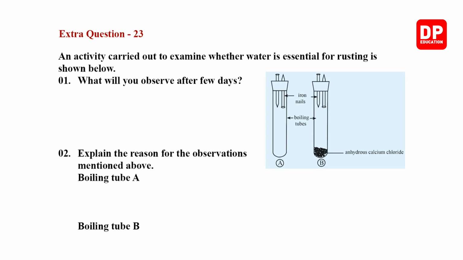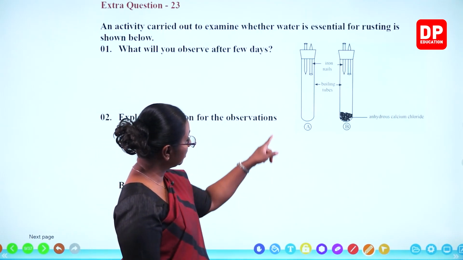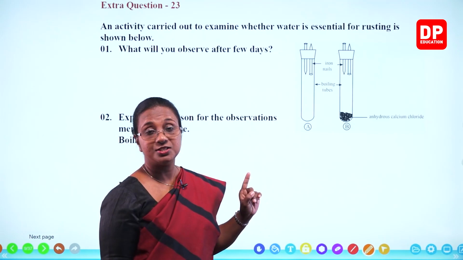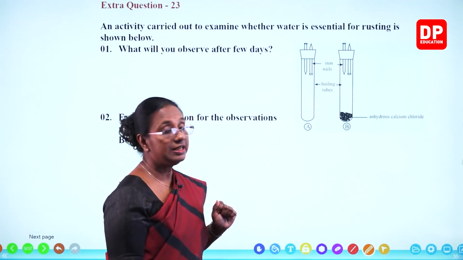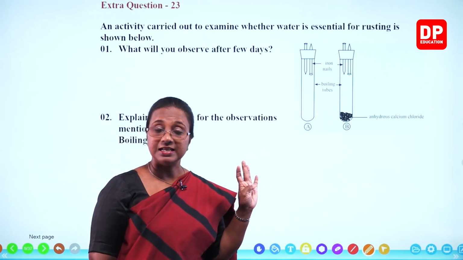An activity carried out to examine whether water is essential for rusting is shown below. So this is another activity which we do to examine whether water is essential for rusting. To do that, what do we do? We take two boiling tubes A and B, and for that we need 4 iron nails.